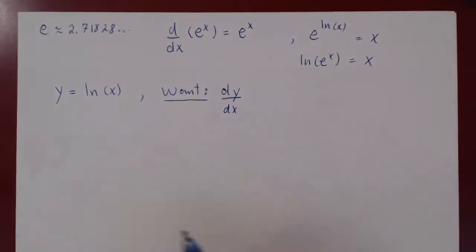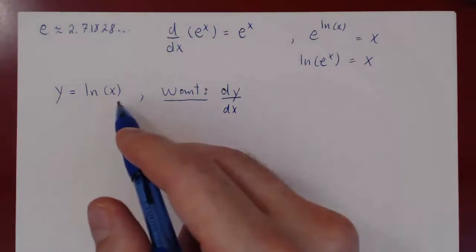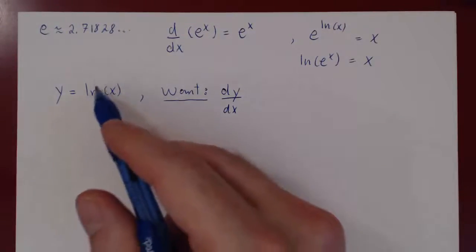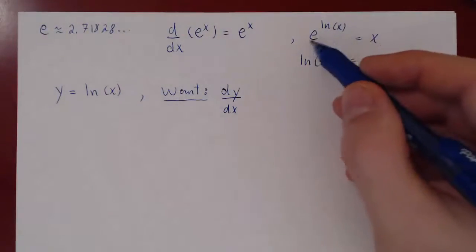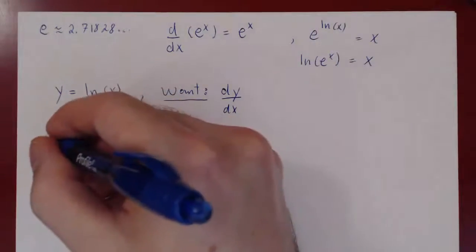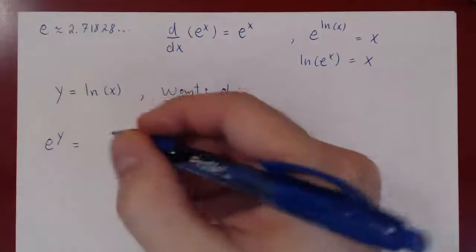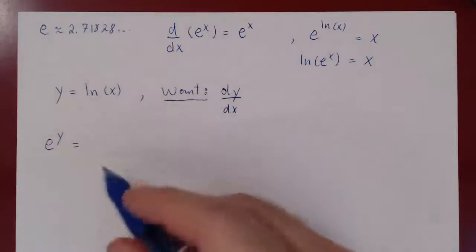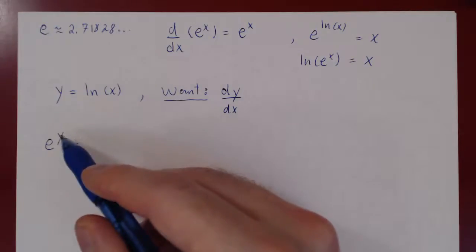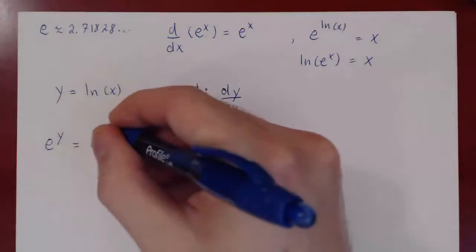Well, the problem is that we don't really know how to differentiate ln of x. That's the question we're trying to find. So the idea is we can get rid of ln if we exponentiate base e. So if y equals ln of x, then e to the y is equal to e to the ln of x, right? y is equal to ln of x, so we can replace y in the exponent by ln of x.